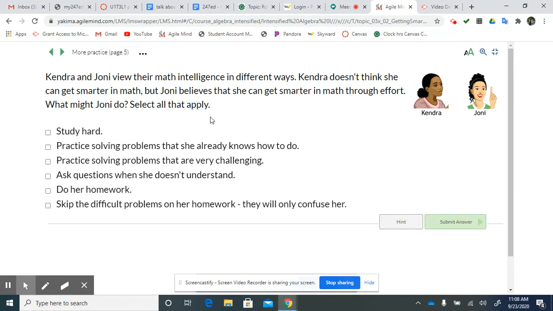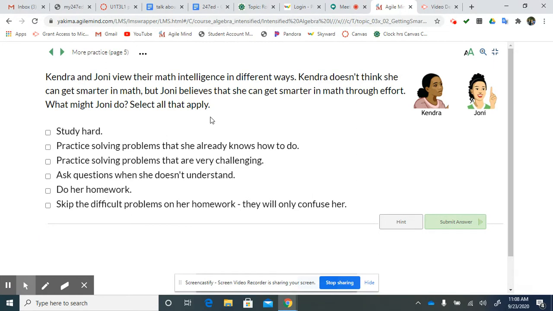Okay, write it down. And should you practice solving problems that you already know how to do? Yes. But if you're doing work that you already know how to do, are you actually learning anything?